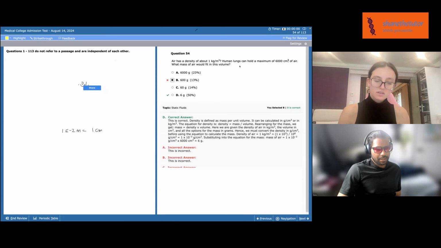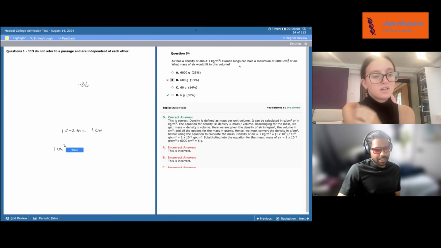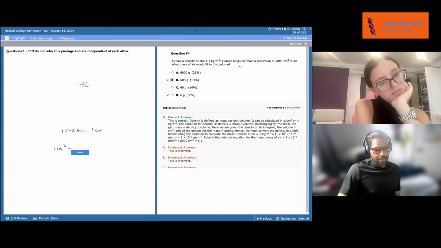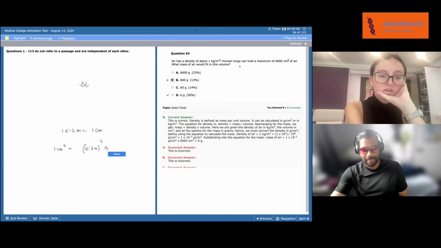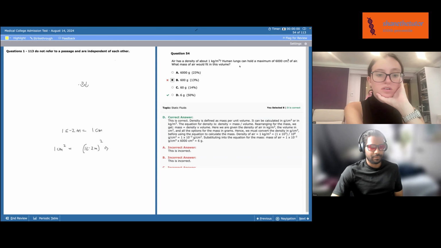Now if we had 1 square centimeter, this would be 1e-2 meters squared, which gives us 1e-4 meters squared.